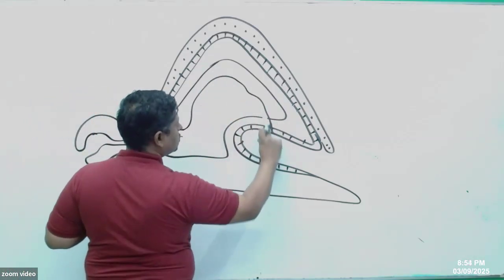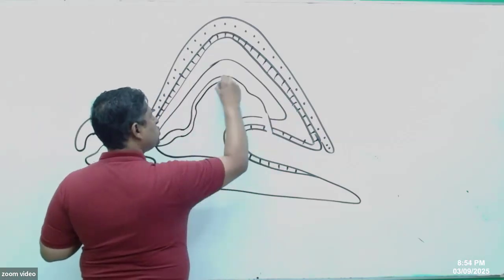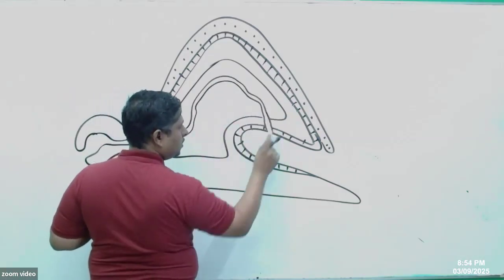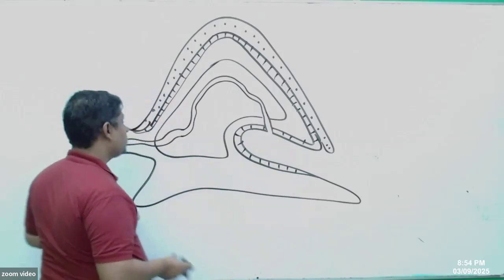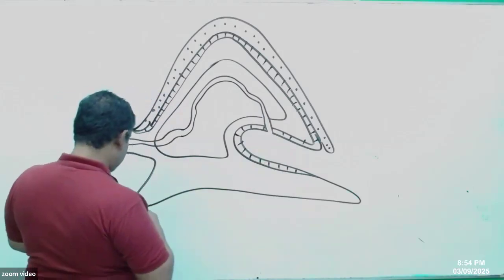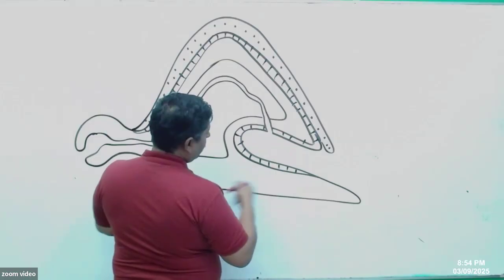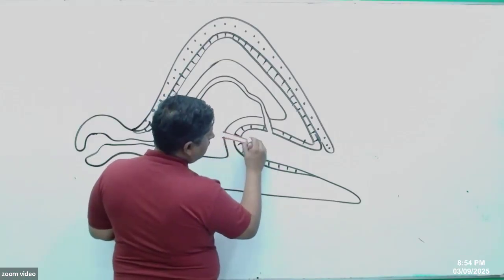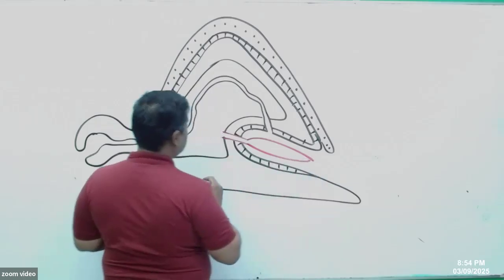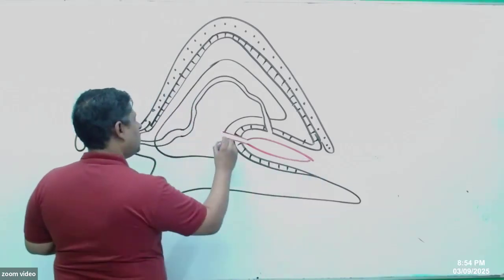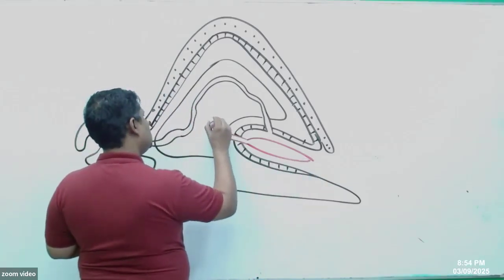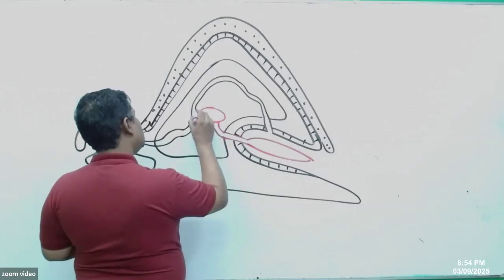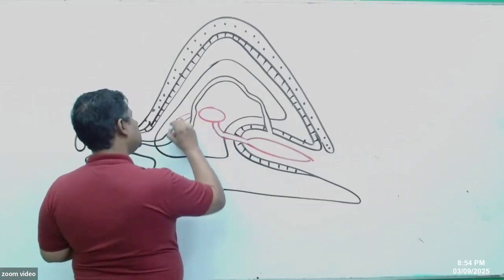And then the GI tract opens into the mantle cavity, right? The gill is present, and then this is sending blood into the heart. Heart pumps blood into the cavity.